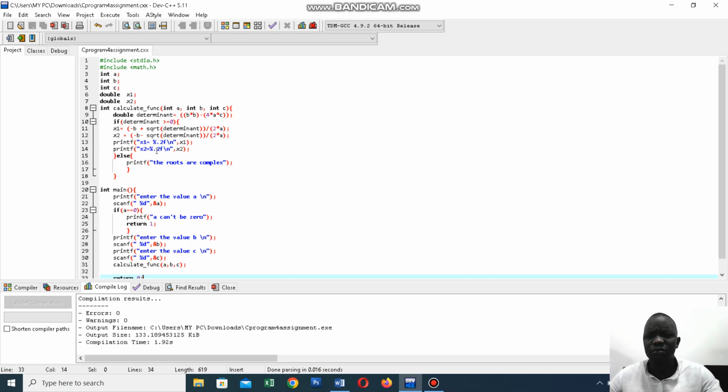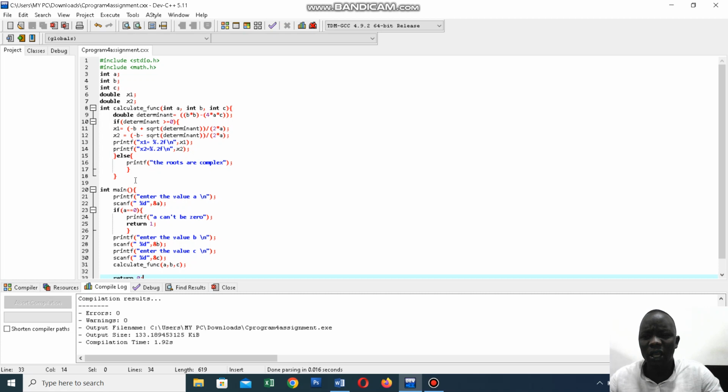Then I declared x1 and x2, where x1 and x2 come from the quadratic formula: minus b plus or minus the root of b squared minus 4ac, over 2a. x1 I assigned the values for the positive side, then x2 handles the negative side.